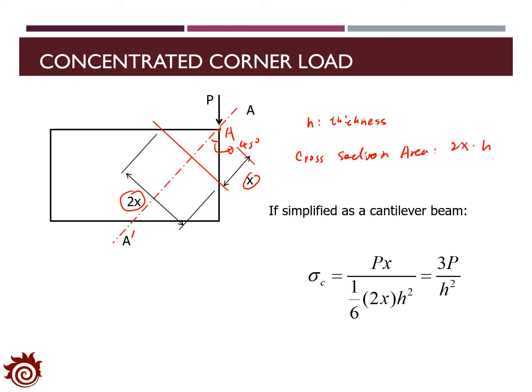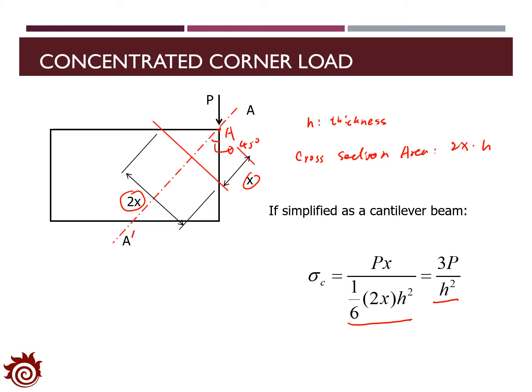For this situation, we can consider the slab as a cantilever beam. In that sense, we can estimate the stress applied at the cross-section with a distance of x as the formula here. We can further simplify this formula as 3 times P divided by h squared.